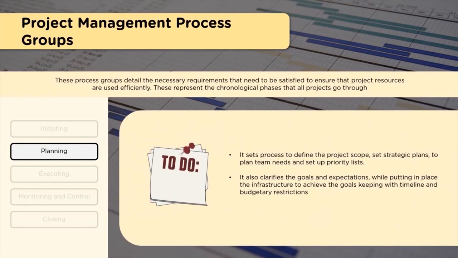So it also clarifies the goals and expectations while putting in place the infrastructure to achieve the goals, keeping in timeline and budgetary constraints. The end-to-end view of the project is provided in planning. So this acts as a basic reference while the execution and monitoring and control happen. So based on the planning, the way it is done, execution will happen.